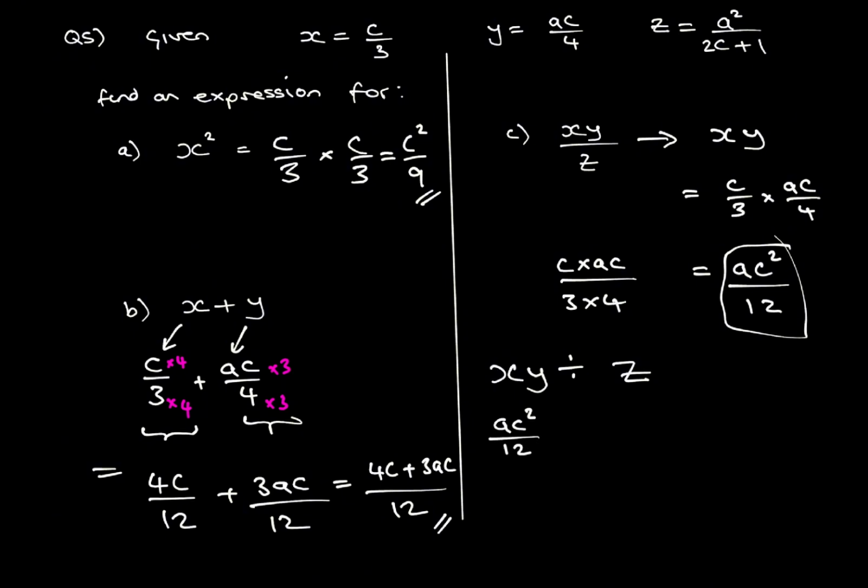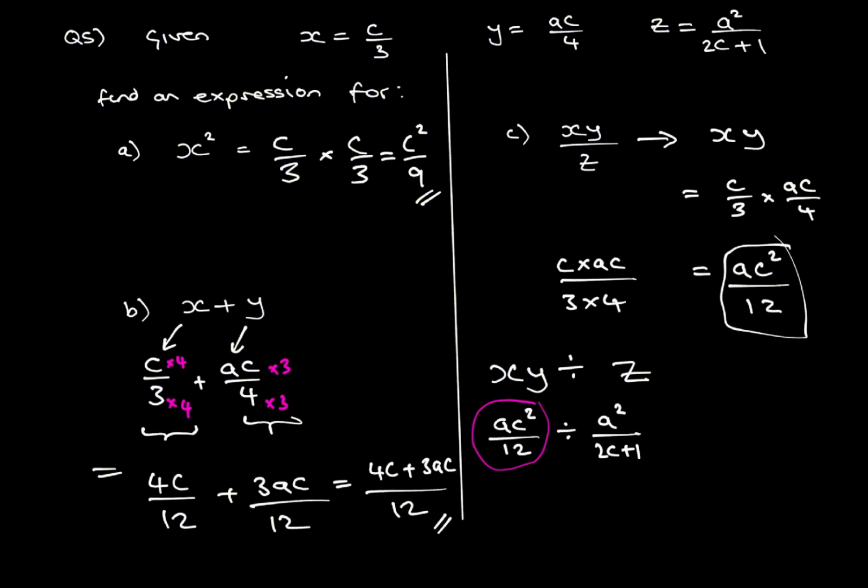We are going to divide it by z, which is a squared over 2c plus 1. Now, as with normal fractions, if you are dividing by a fraction, you are going to use keep, change, flip. So we are going to keep the first fraction the same.